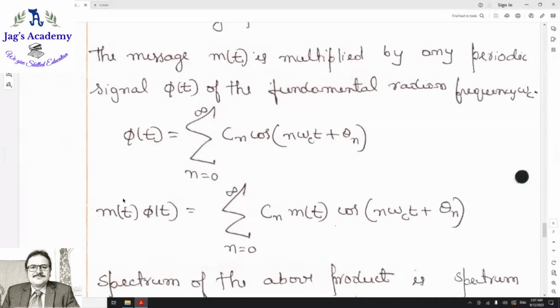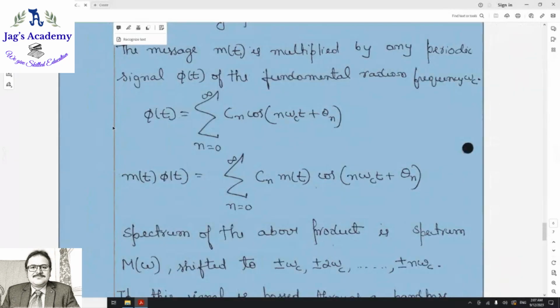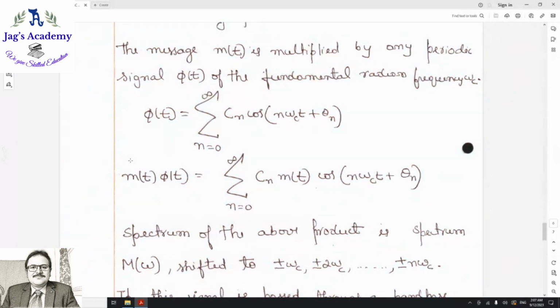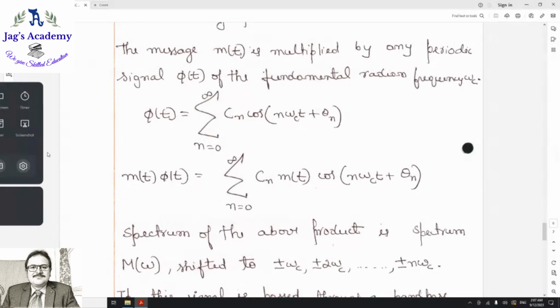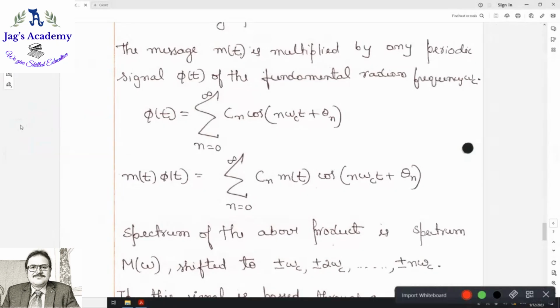So this is your phi of t, multiply phi of t with the m of t. Fine. Just see this. Now see this expression.